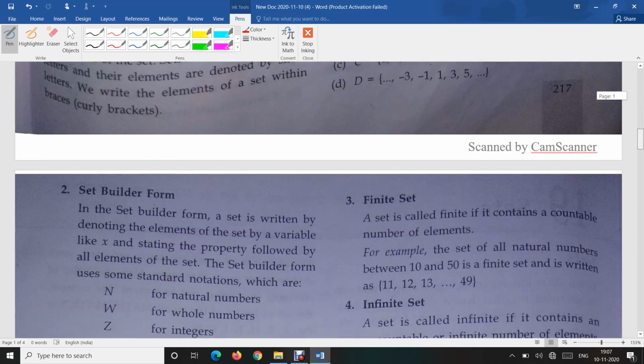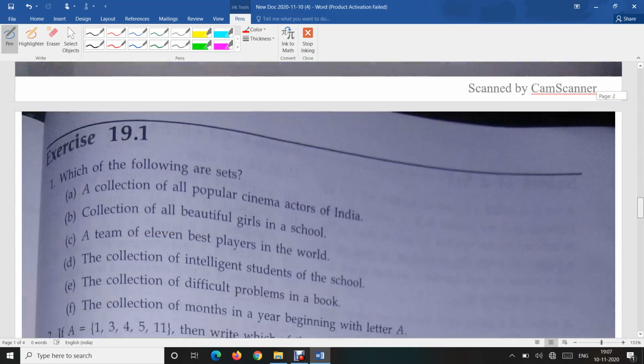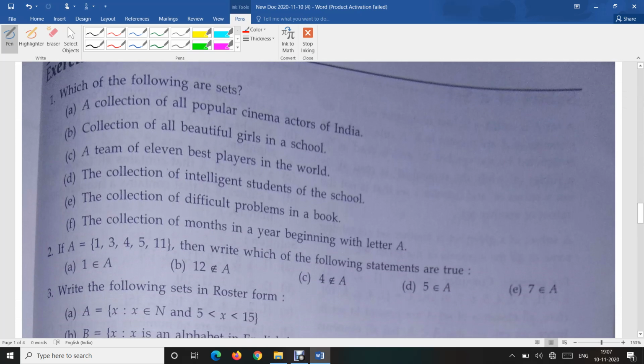Just like you have question number 1 of exercise 19.1, and this question is saying which of the following are sets. That means you have to choose out of these statements which statement satisfies the definition of sets.